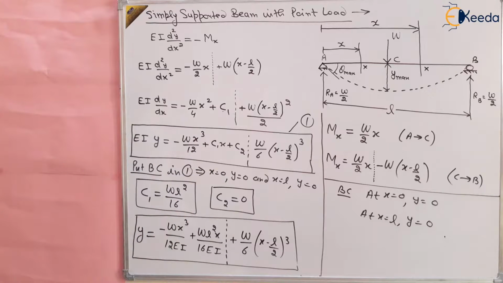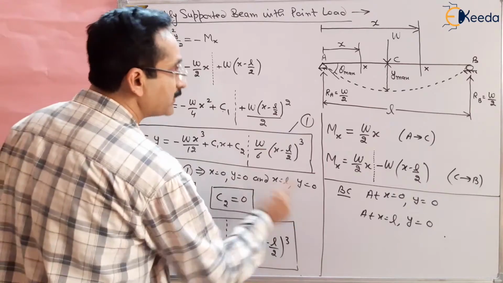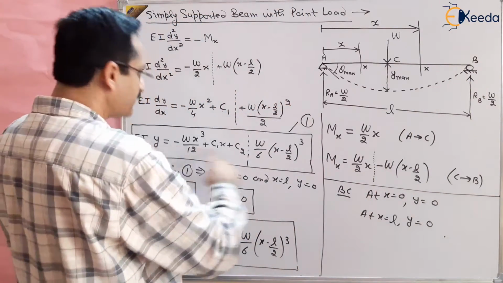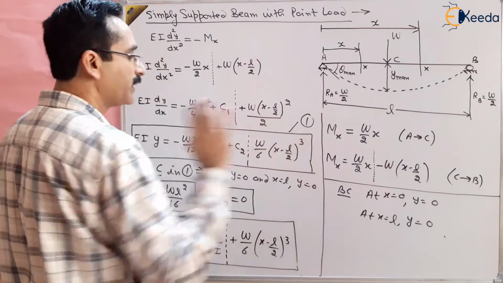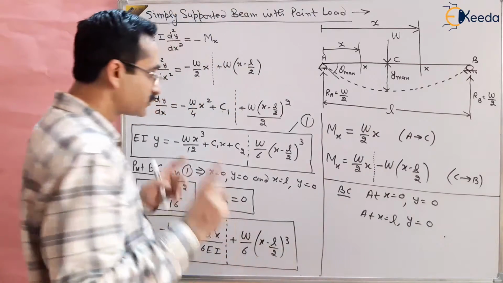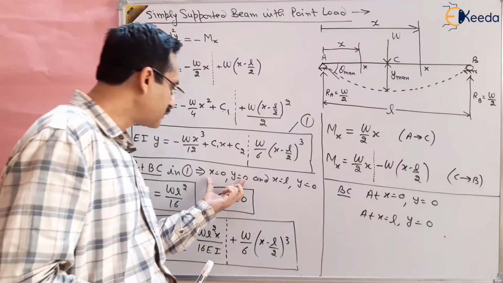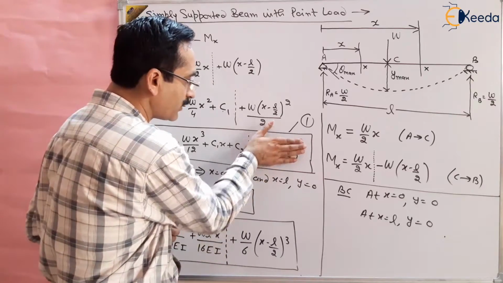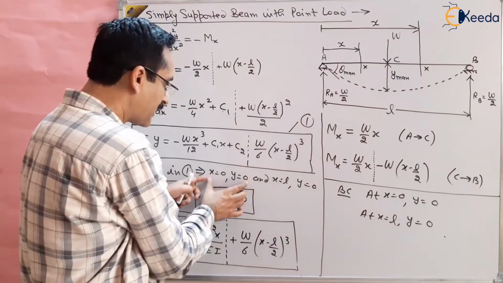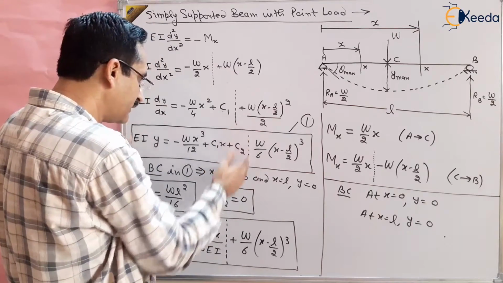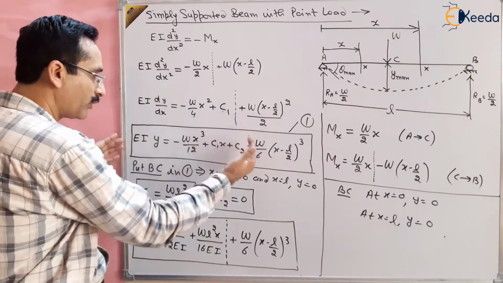And when you are using the second boundary condition, that x is equal to L, y is equal to 0, x is equal to L lies in the C to B range. So the entire equation will be required, because the full equation is valid between C to B. So remember that when you are applying the boundary condition x is equal to 0, y is equal to 0, this term is not required because this part lies between A to C, and the equation is valid between A to C only up to the dotted line.